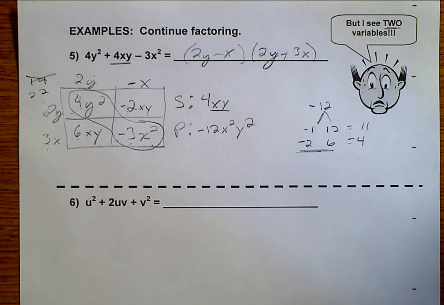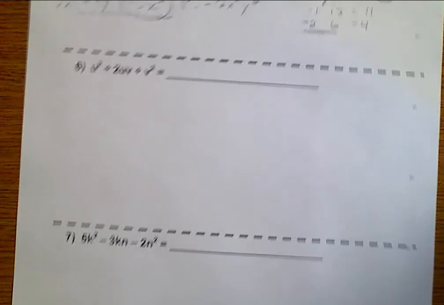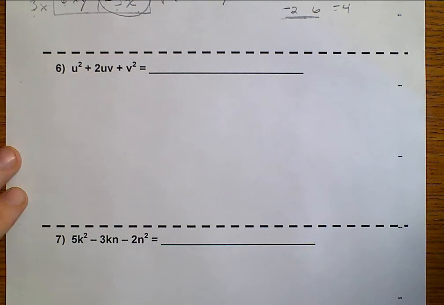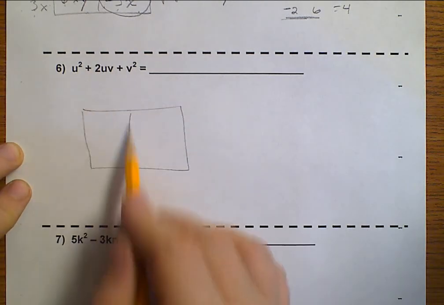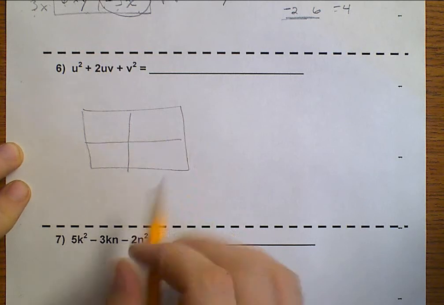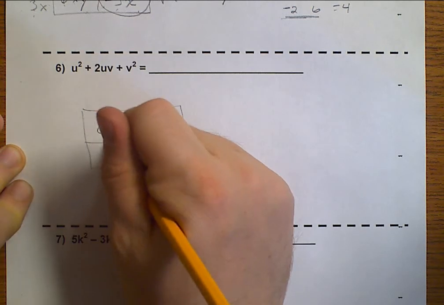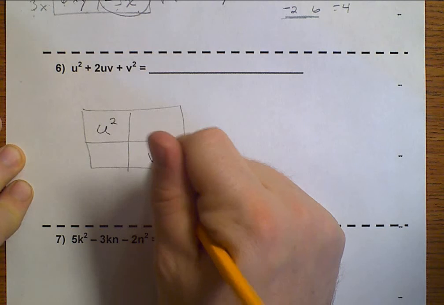Just a couple more problems to go. We're looking at number 6. Draw your box. Here we have u squared and v squared.